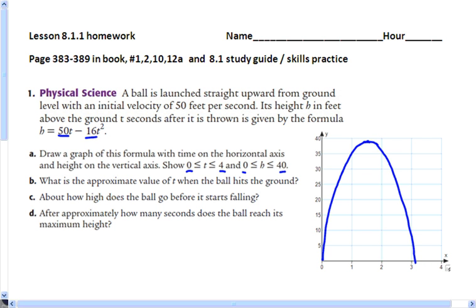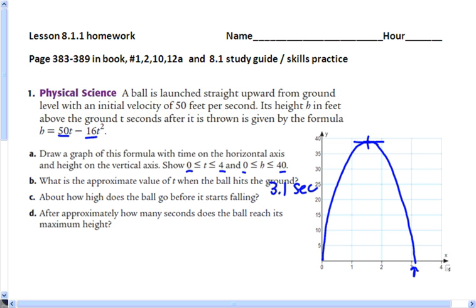Now let's answer some questions about this. What is the approximate value of t when the ball hits the ground? So right here. If we're just using this graph to find that, we would say maybe 3.1 seconds. And then it says about how high does the ball go before it starts falling. That's the maximum.